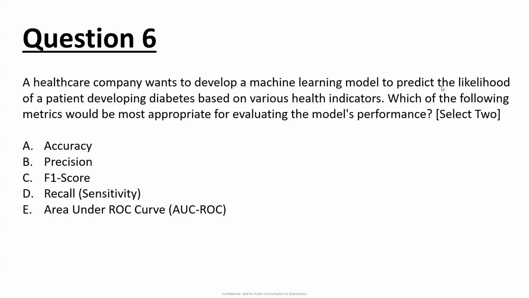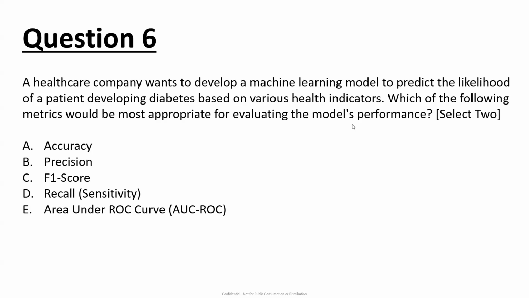So here, predicting the likelihood of a patient developing diabetes means they have taken the readings for multiple patients, out of which how many were found diabetic. So recall can be one option. F1 score cannot be the option because it's a balance between precision and recall. Then we are left with another option, area under ROC curve, which is the ability to separate the positive from negative across thresholds.